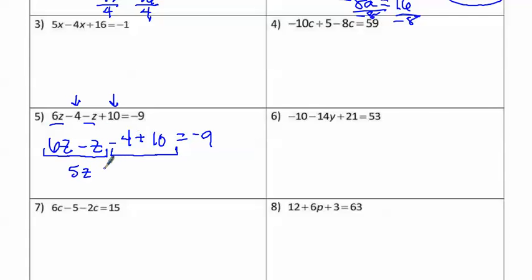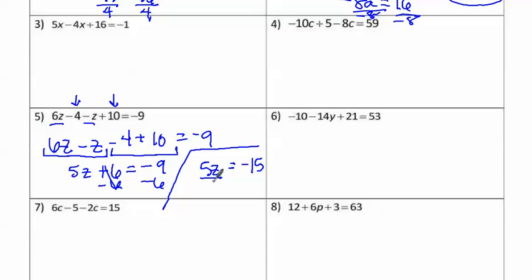Negative 4 plus 10 is a positive 6, and that all equals negative 9. So you want to subtract 6 from each side, and you will get 5z equals negative 15. Divide each side by 5, and you get negative 3. Circle your final answer.